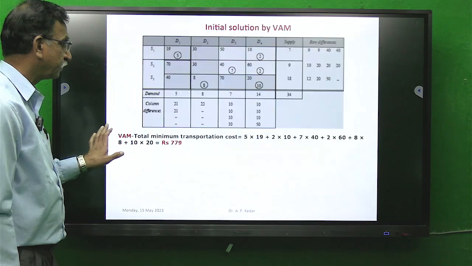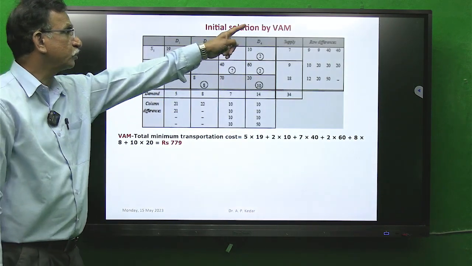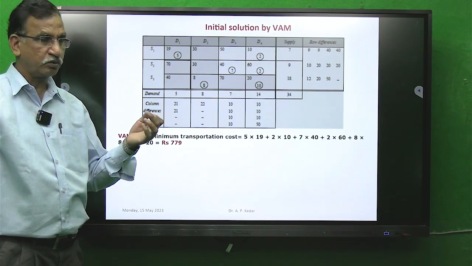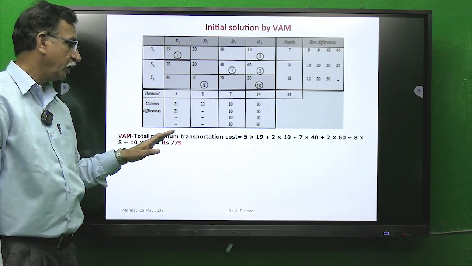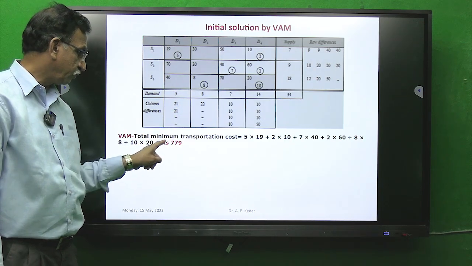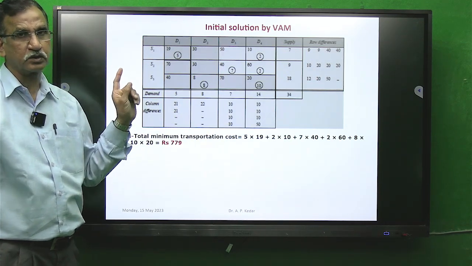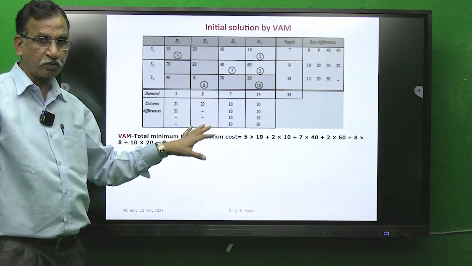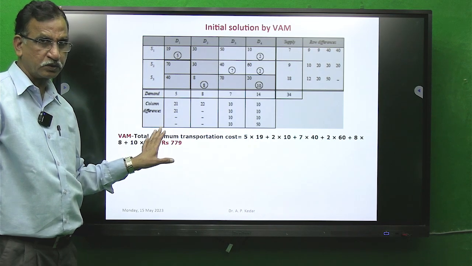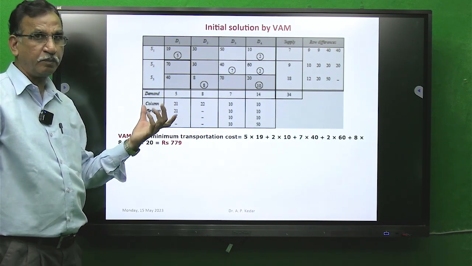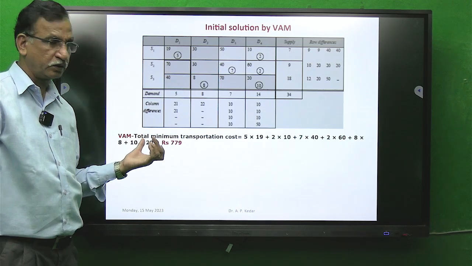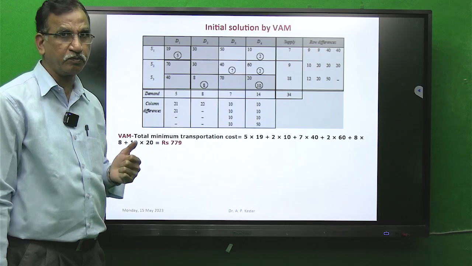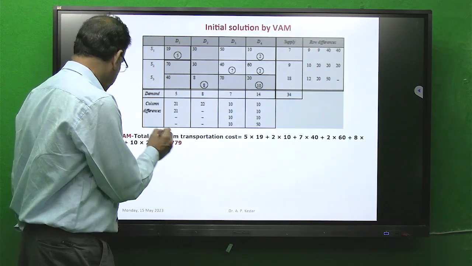Now how to proceed? See, this is the initial solution by VAM. If you recall my previous lecture, I went through each and every step, and there we did all this. In my last lecture, you can go through that slide. We literally solved that problem in our regular class, and here I am taking a snapshot of what we did, to save time, because this is already done in our previous lecture. So now we have to optimize.